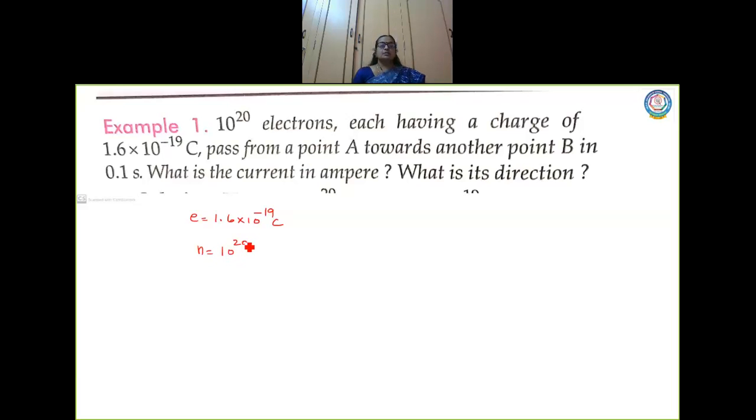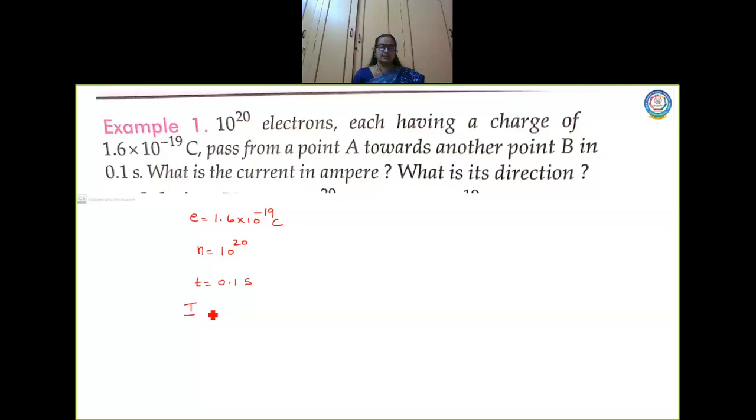This charge passes from a point A towards another point B in 0.1 second. So t is given as 0.1 second. What is the current in ampere, and what is its direction?